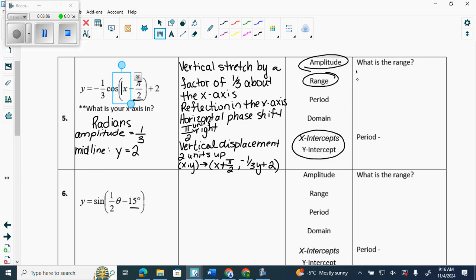So to get my range, I have to get my maximum. How do I get my maximum? Remember we went off to the side before and we did y equals 2. We did our midline. And then we went up 1/3 and down 1/3. We agree? So what's 2 plus 1/3? 7/3, because it's going to be 6 over 3 plus 1/3, right? And then what's 2 minus 1/3? 5/3.